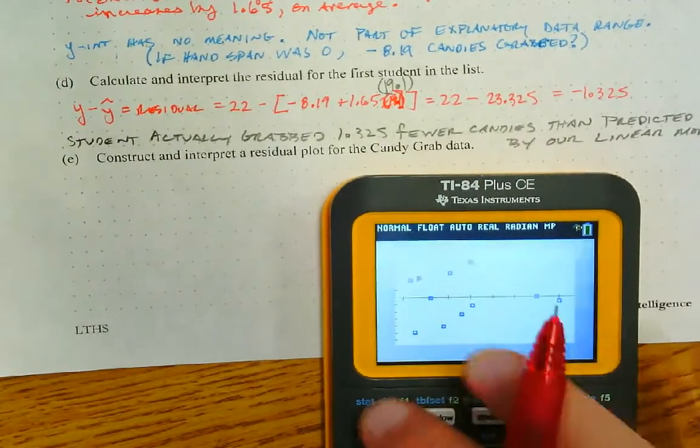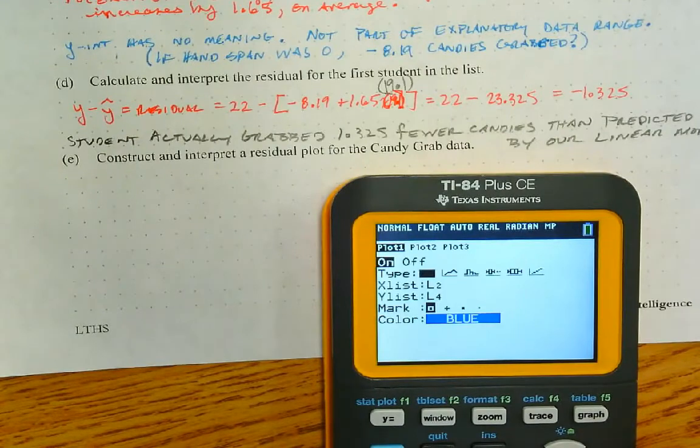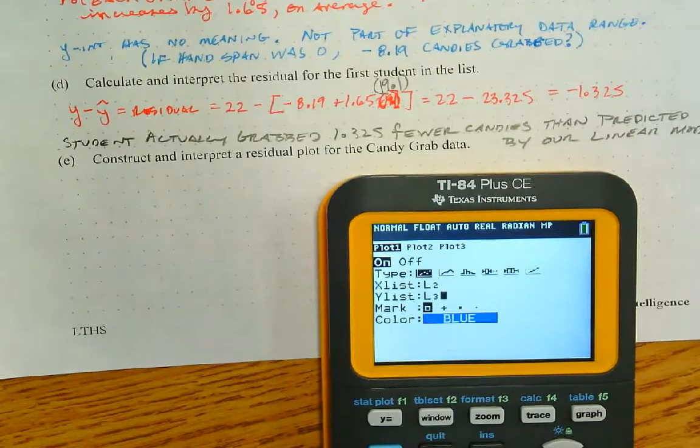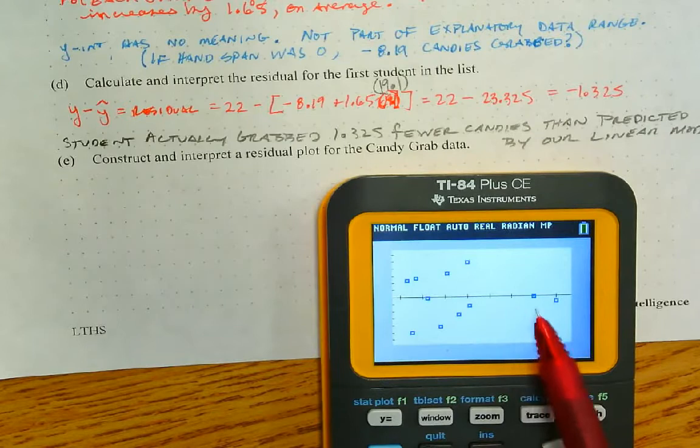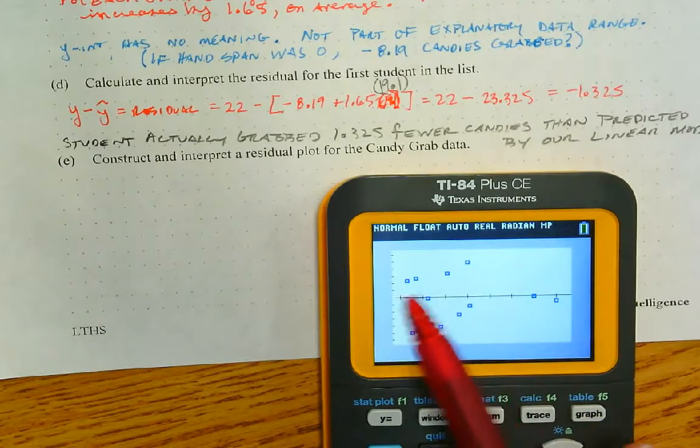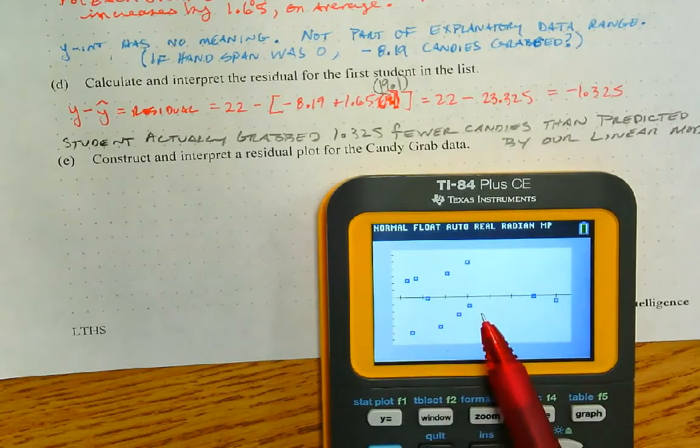And if we go second stat plot and ask what if we graphed the residuals from those rounded values? Notice that there really isn't much difference there. Those little decimal places aren't going to do much. There's no real clear pattern to what we have here.